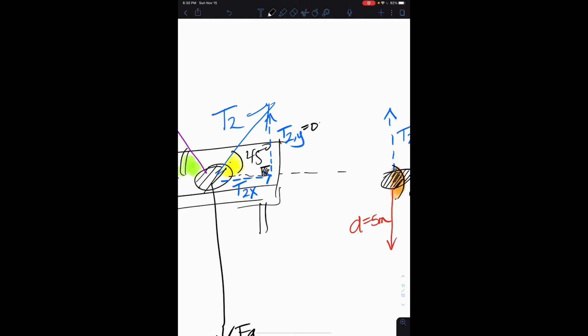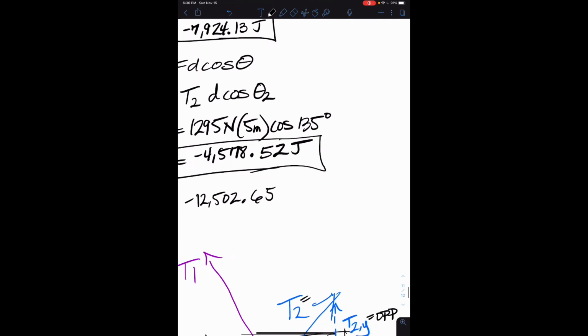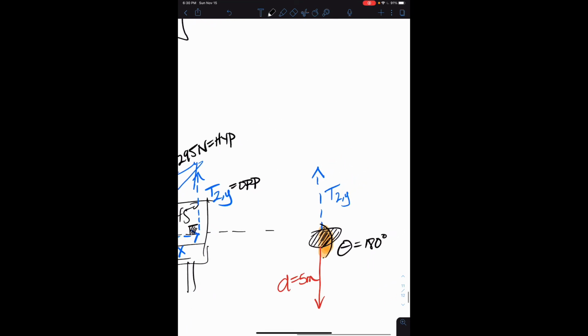T2y is the opposite side. T2 we know, which is, I think, 1295, yeah, and this is our hypotenuse. So we use something with opposite and hypotenuse, which is sine.